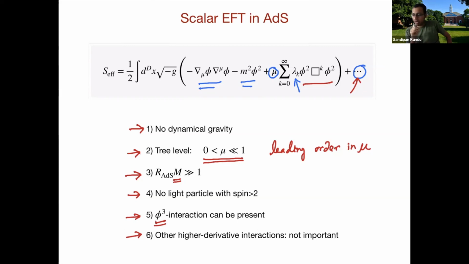But this is again a technical assumption. Conceptually, even if somebody wants to include loops, the argument is exactly the same. It's basically like when I'm computing Witten diagrams, I'm just computing tree-level Witten diagrams. But the CFT arguments that I'm going to make, they don't care about what you are assuming about the effective theory.